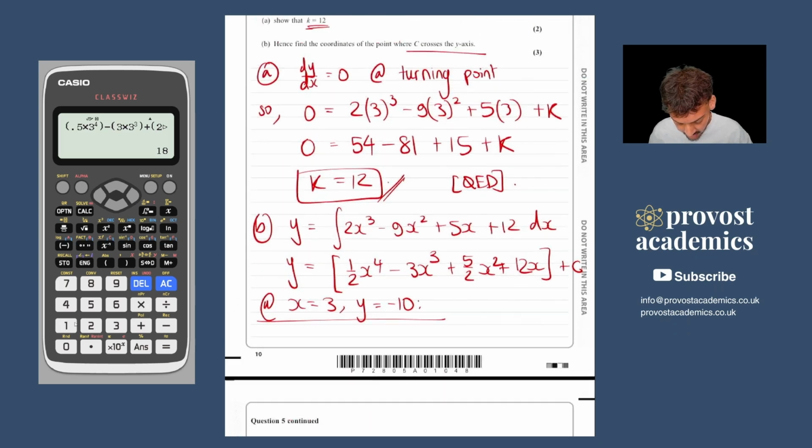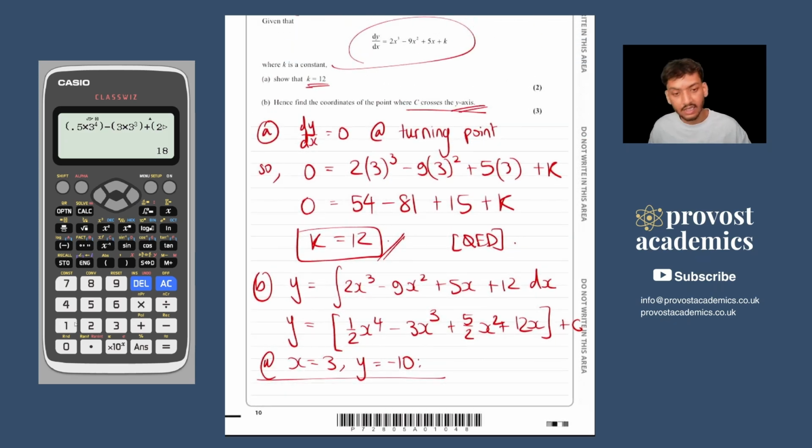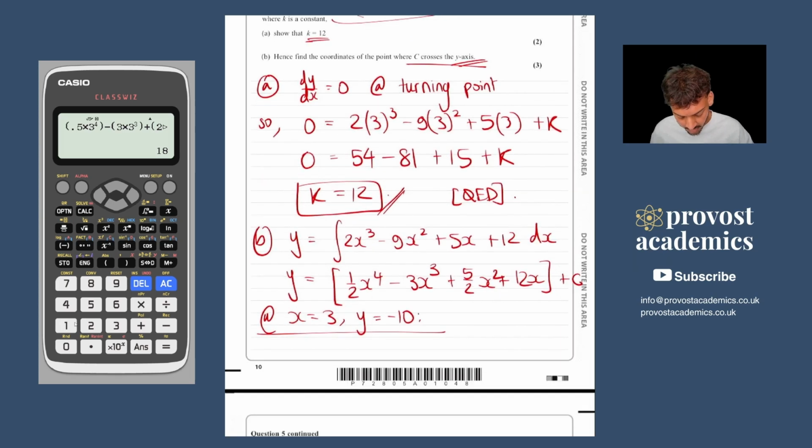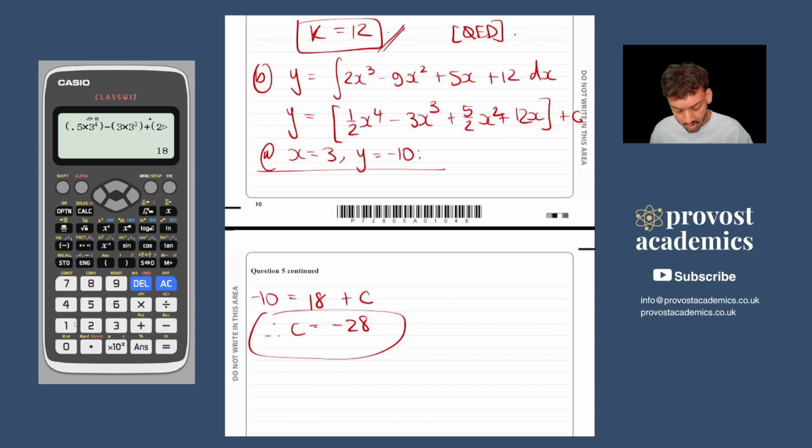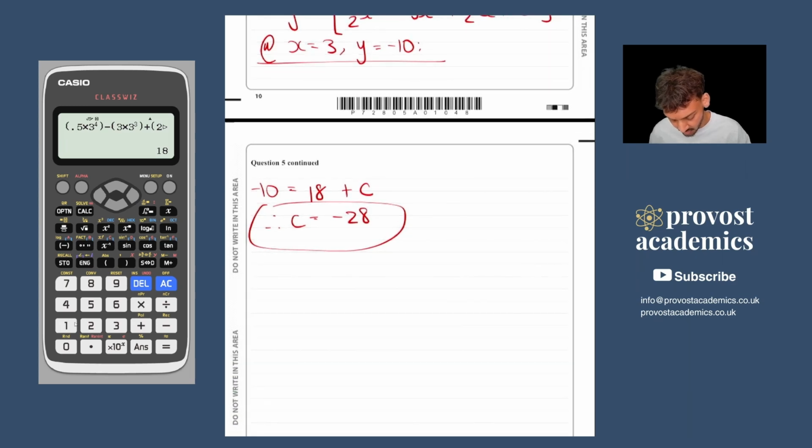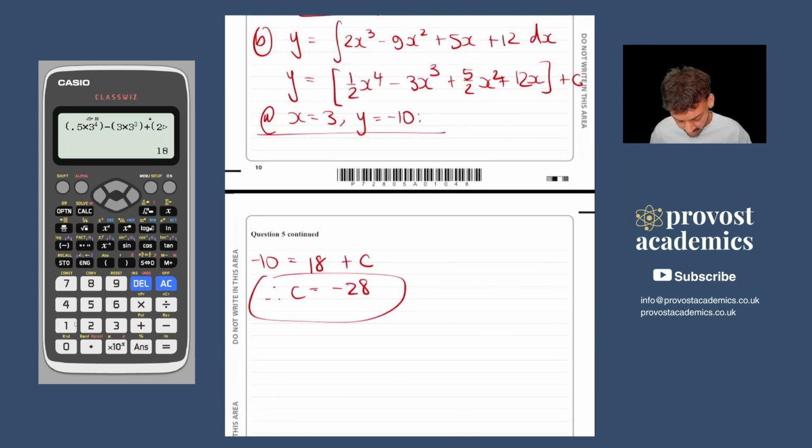And that is the y coordinate of the y-intercept. Why do I know this? Because it's usually the constant term that is your y-intercept. If you don't believe me, you can double check: at the y-intercept x equals 0.